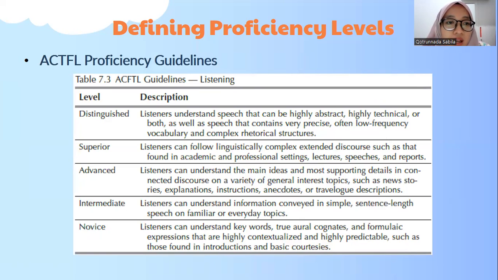And then the ACTFL proficiency guidelines. The American Council on the Teaching of Foreign Languages, one of the leading national organizations of foreign language pedagogy in the United States, publishes a multi-page detailed description of proficiency levels in each of the 4 skills of listening, speaking, reading, and writing.